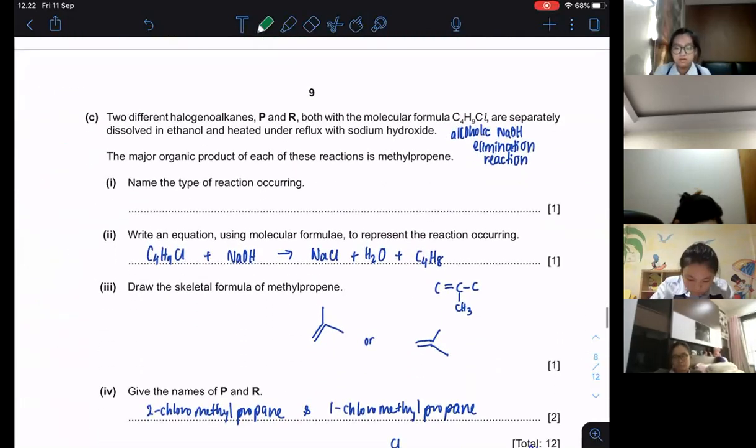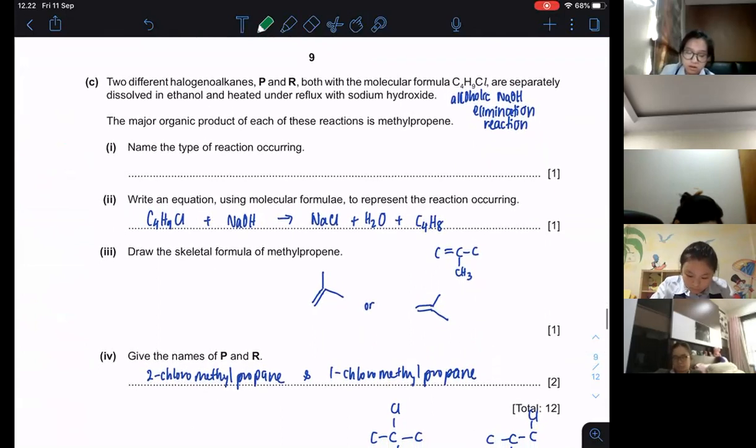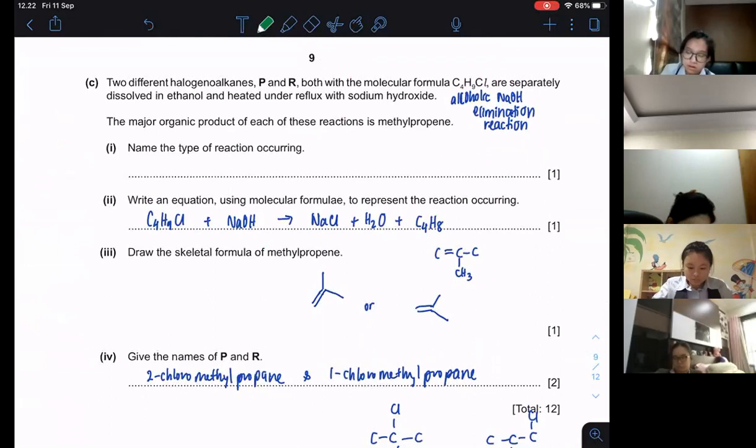So two different halogenoalkanes P and R, both with the formula C4H9Cl, are separately dissolved in ethanol and heated under reflux with sodium hydroxide. So this one is alcoholic sodium hydroxide. It means we are talking about an elimination reaction.